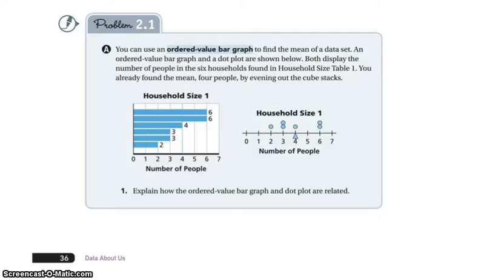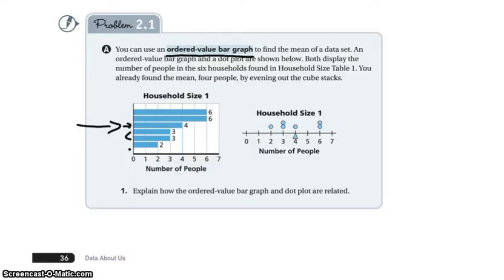So, the first thing you're going to see is an ordered value bar graph. And the ordered value bar graph is this thing right here, where we put them in order by the number. Okay, showing how many people had 6, how many people had 4, how many people had 3, how many people had 2. So based on this, I know that one person had 2 people in their house, that there are 2 people that have 3 people in their household, that there was one member who had exactly 4, which is the mean, okay?